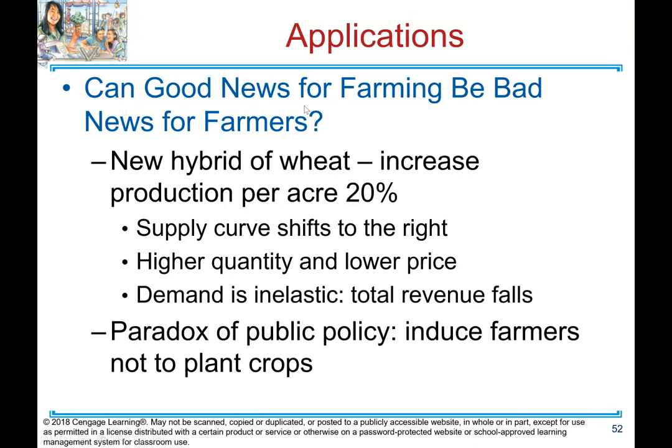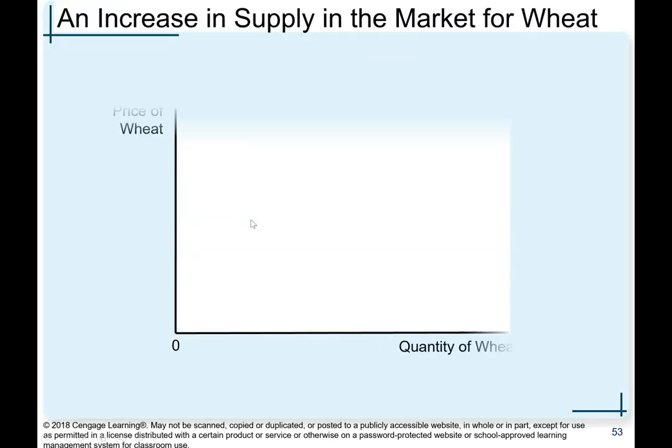The good news for farming means some farmers increase their production, but then their revenue falls because the demand is inelastic. The paradox of public policy induces farmers not to plant. Sometimes you find the government paying the farmers not to plant. We call that farm subsidy. That's a paradox right there.